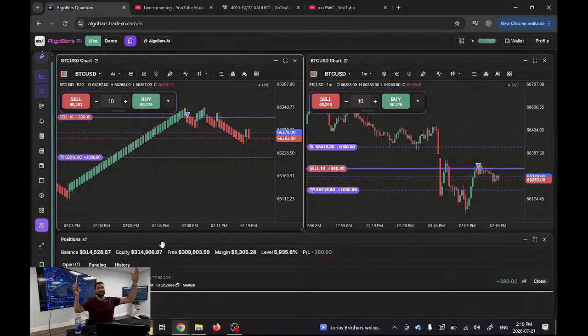I make that in a week or whatever. But here's the thing: I don't let emotions get control over me when I'm trading. If I have my take profit set, I have my take profit set. It's going to either hit my take profit or my stop loss, and my risk is so small that who cares? It's okay. The main thing is I'm able to be consistent.